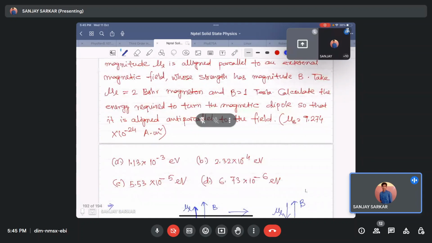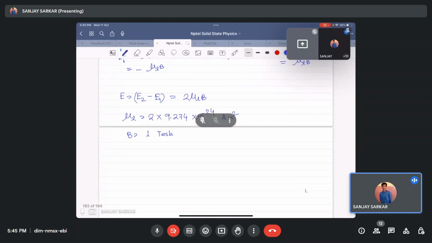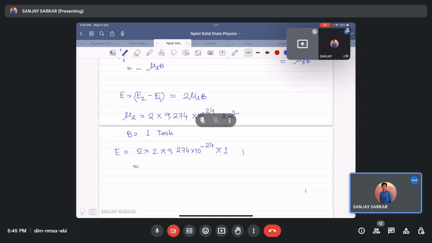Is it so? Yeah, 1 Tesla. So put these values in the energy expression, then E will be 2 into 9.274 into 10 to the power minus 24 into 1 Tesla. This is in Joule.